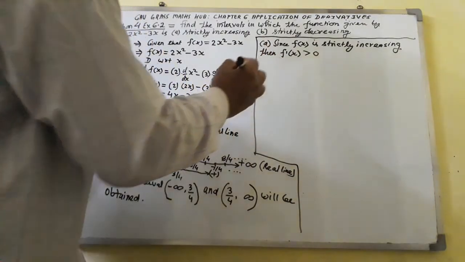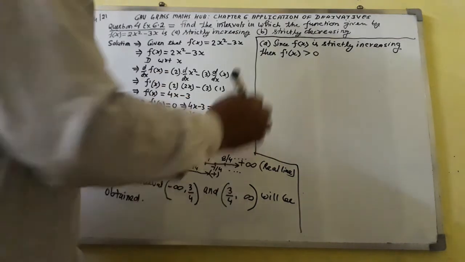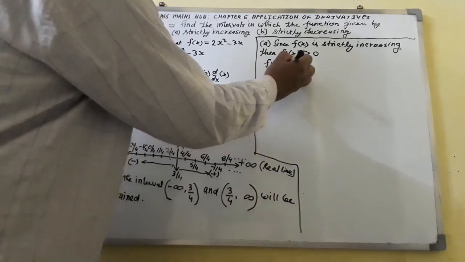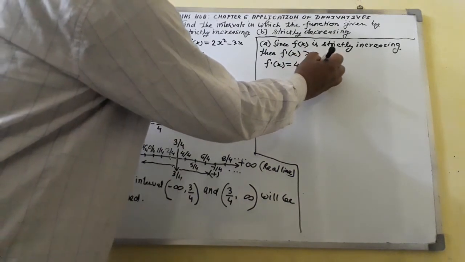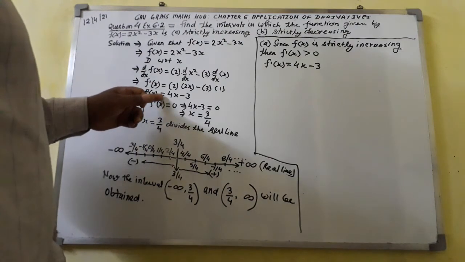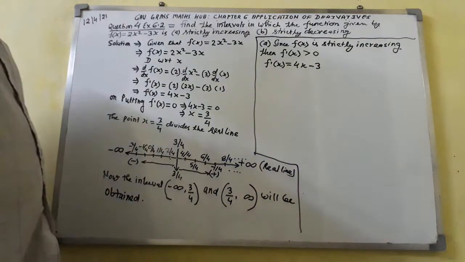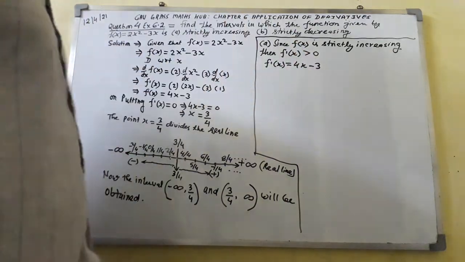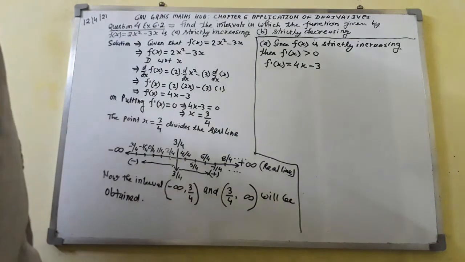Here I have got f dash of x equal to 4x minus 3. Same thing I have reflected here. Here it says f dash x is greater than 0, f of x is strictly increasing.